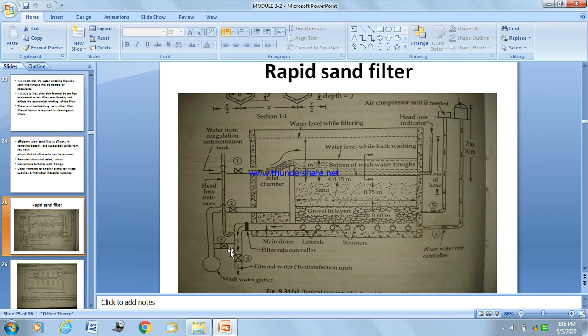The fourth is directly from the central drain to the filtered water. And fifth you can see the air compressor unit, and the sixth one is the storage tank, which is connected to the main central drain.